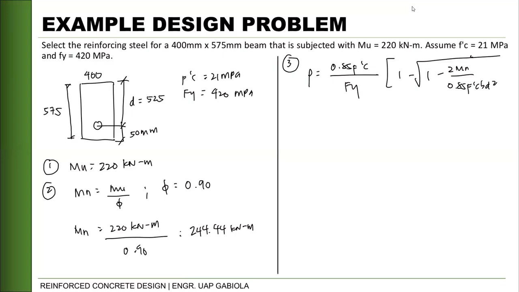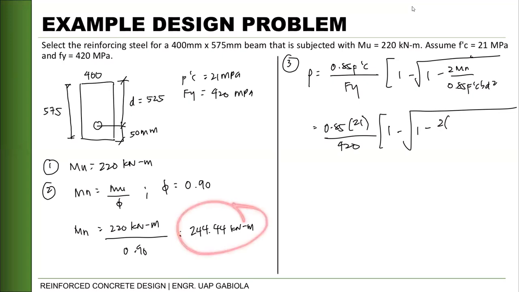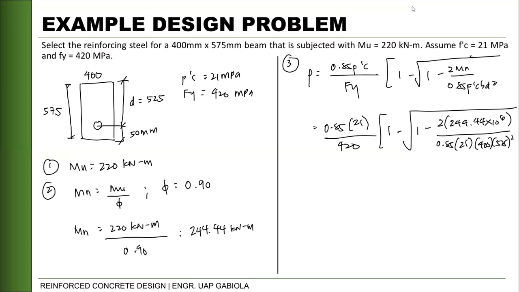We just need to substitute the values: 0.85 times 21, we have 420 here, and then 1 minus 2. For the moment, we will use 244.44 but change it into newton-mm, so we multiply by 1 million, 10 to the 6, all over 0.85, 21, 400, and then 525. Uniformity of units is what we want to happen, so that is what we considered.